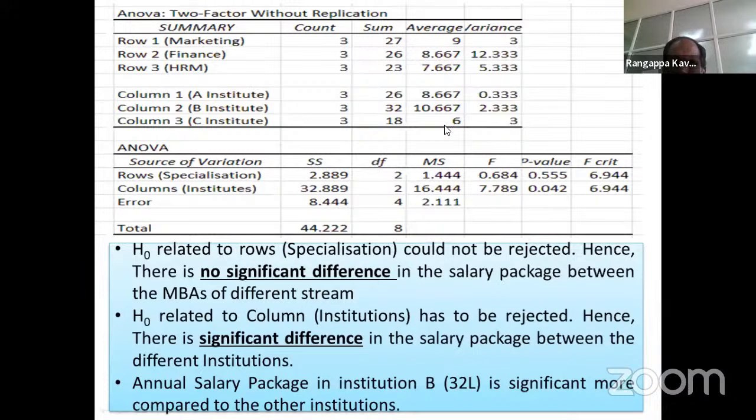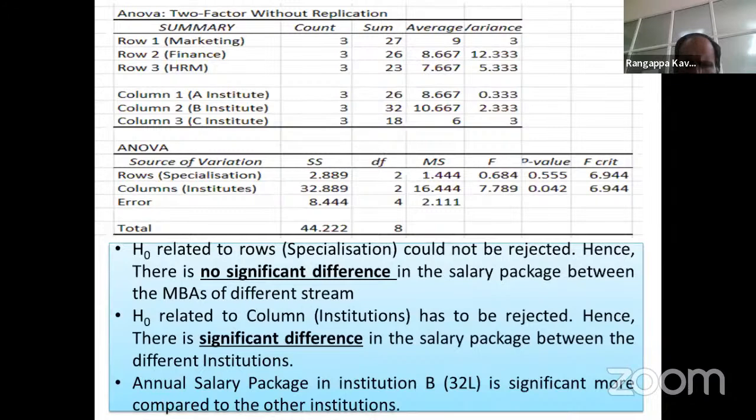So here the calculated F values, there are 2 F values. One is for specialization, that is the rows-related F value, and another F value is for the variable given in the columns, the institutions. In the rows we have taken specialization, that is marketing, finance, and HRM.